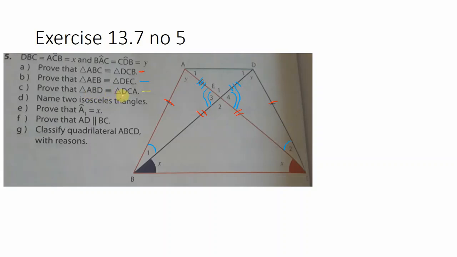So we have angle A equals angle D. We have that whole angle here is equal to this whole angle here.